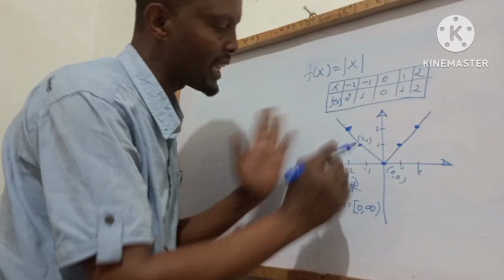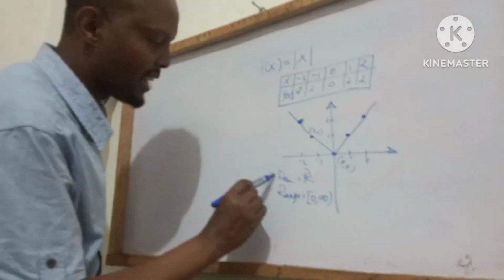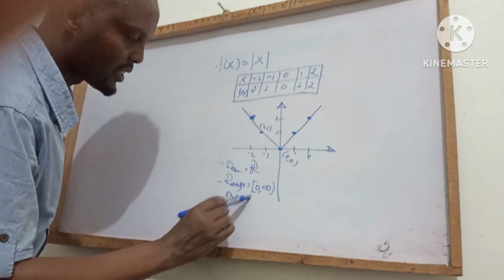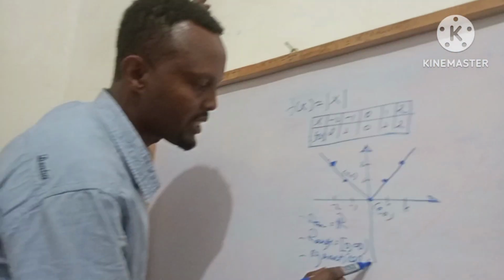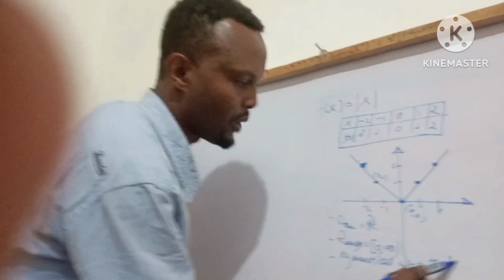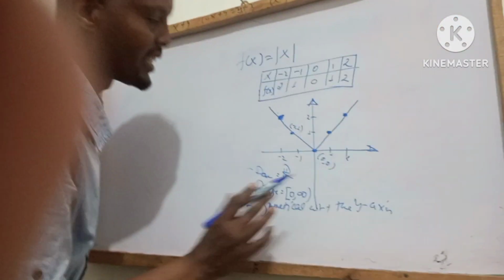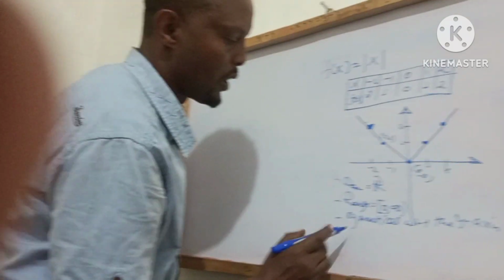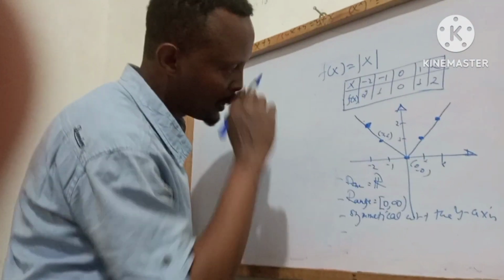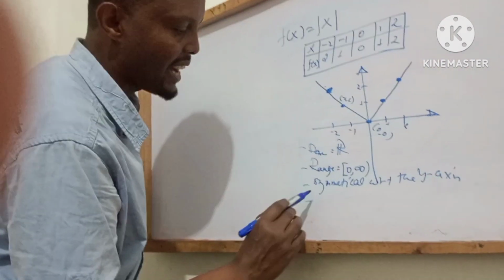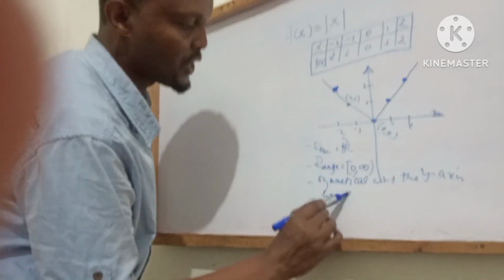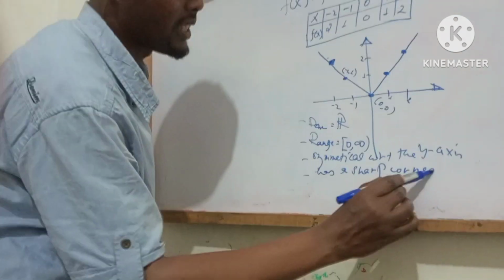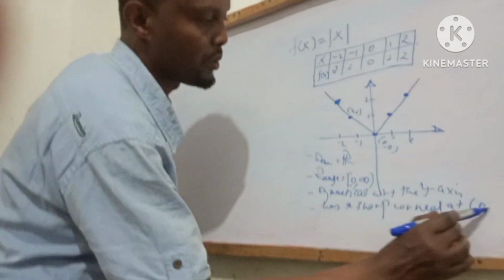The graph is symmetrical with respect to the y-axis. That means the y-axis divides this graph into two equal parts. And the other property is the graph has a sharp corner at 0, 0.